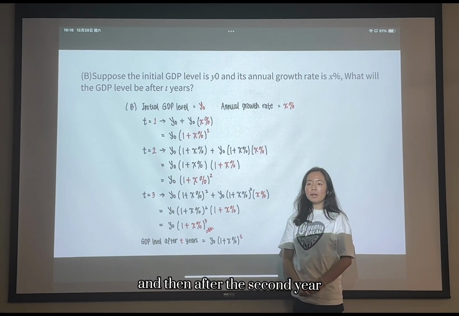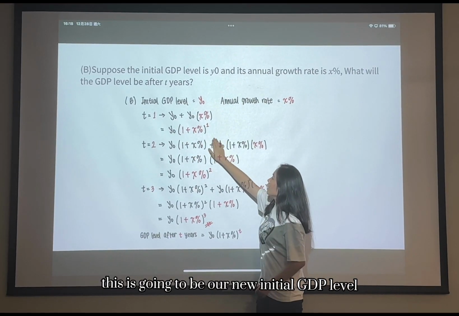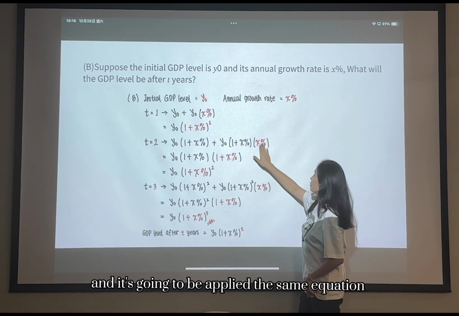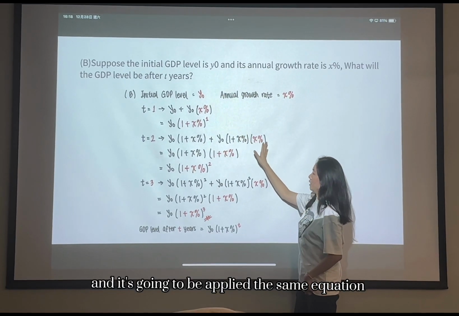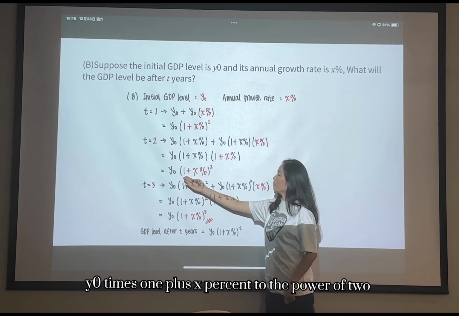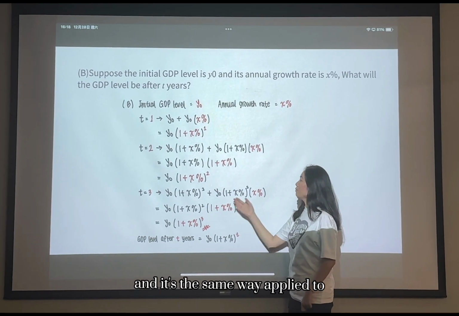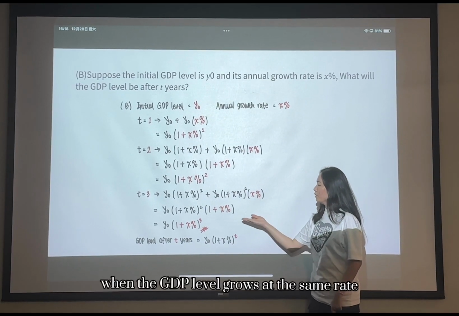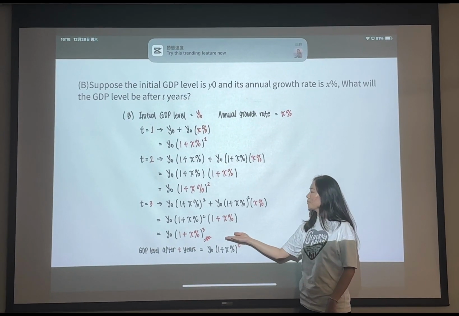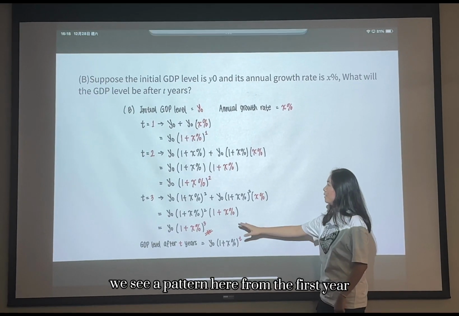And then after the second year, this is going to be our new initial GDP level, and it's going to be applied the same equation. And so now we have Y0 times 1 plus X% to the power of 2. And it is the same way applied to when the GDP level grows at the same rate after 3 years.